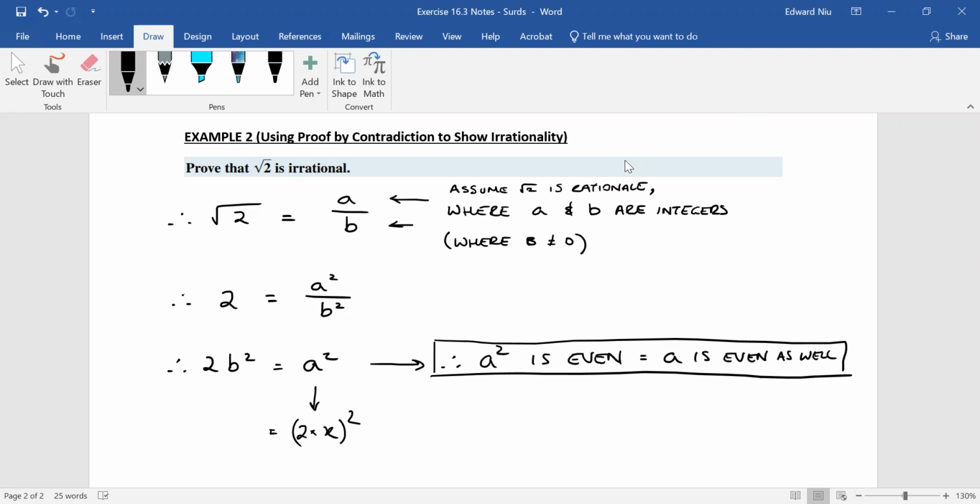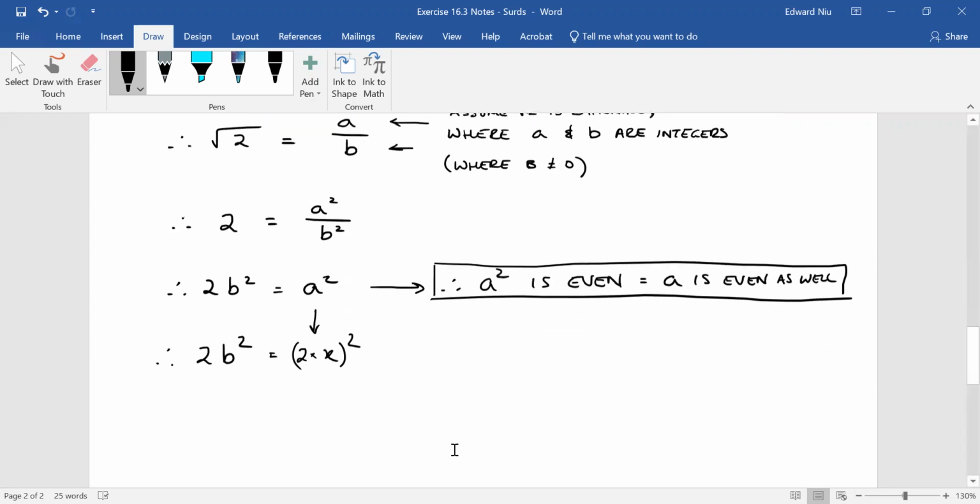And we can say, well, to prove that b is even as well, because a can be 2 times any mystery number, what we have is a situation where we've got 2b squared equals 4x squared. And if we were to get b by itself, or with just a square root on top, we would have 2 times a mystery number squared using our linear equation rules.